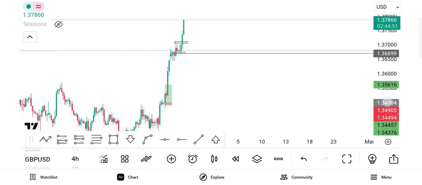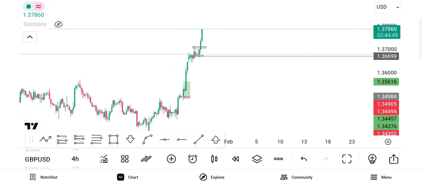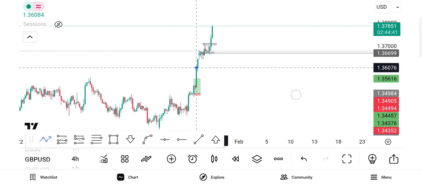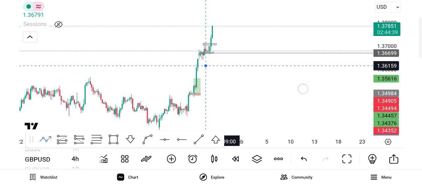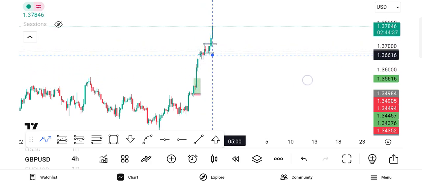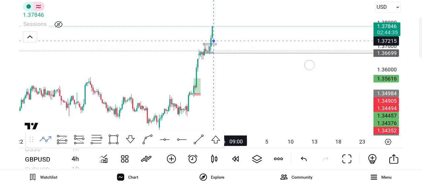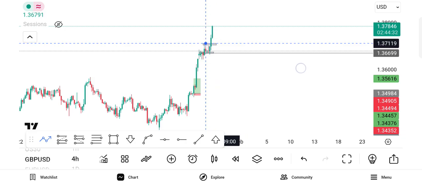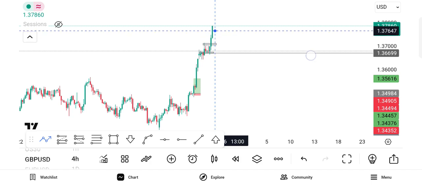And mind you, this is on the 1 hour, and it also affects the 4-hour time frame, because we can see this is a high and this is a low. This is the most recent higher low, and price has broken this high and created a new higher high.